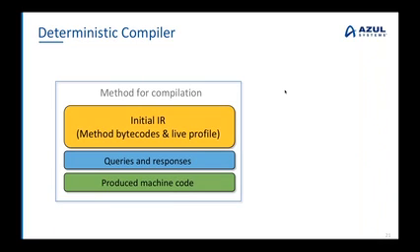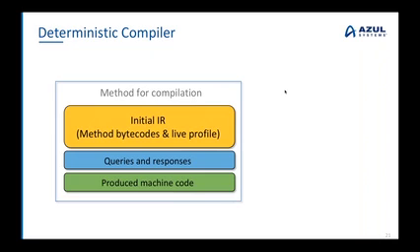Well, if we look at a single method that we want to compile, we can put together a sort of box of information there. And we can say that for that method, we can have the initial intermediate representation, what we're going to send to the LLVM compiler. That's the method bytecodes and the profiling information. We also have some information about the queries that are sent from the LLVM compiler to the virtual machine through callbacks and the responses that we get to that.